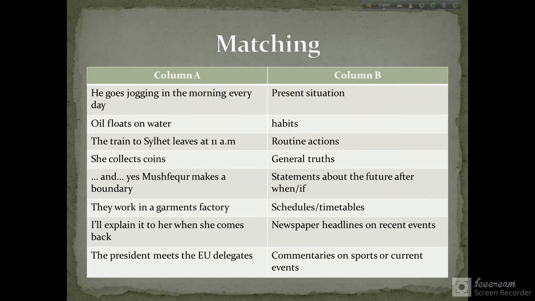The first one is he goes jogging in the morning every day. Then oil floats on water. The train to Sylhet leaves at 11 a.m. She collects coins.